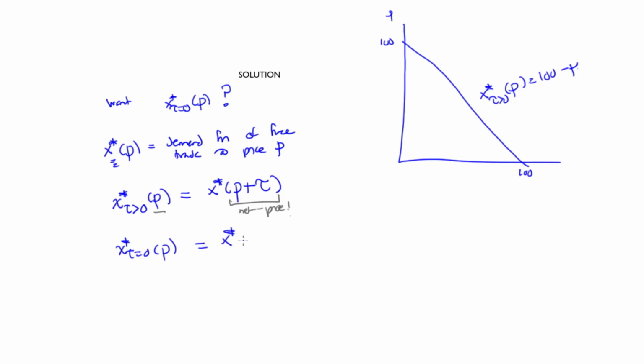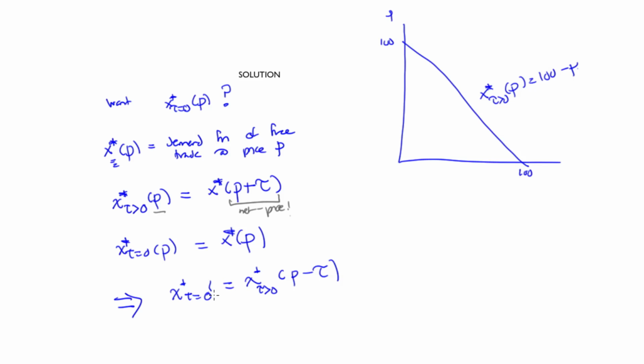Now, it should also be easy to see that if the tax is removed, then the demand at any price P is just the demand at free trade at price P. So now we know how both objects relate to the free demand. But what do we know then? We know that it implies immediately that X star at tau equals 0, at P, is equal to X star when the tax was there, at P minus tau.